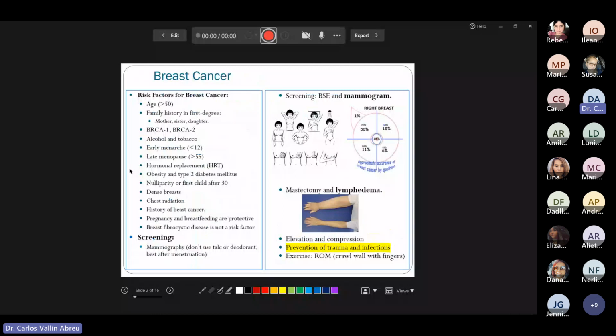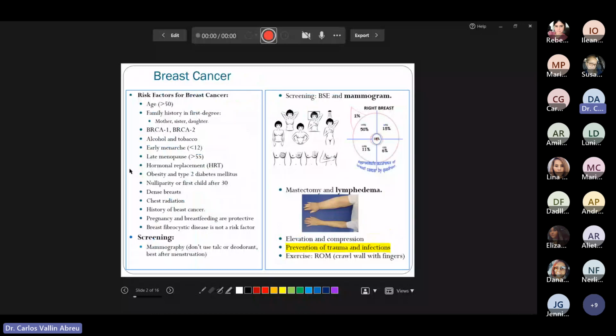Guys, let me advance a little about cancer because I want to cover this review with you because it's an important topic. Breast cancer, please learn these risk factors. They love to make questions about risk factors for specific cancers.